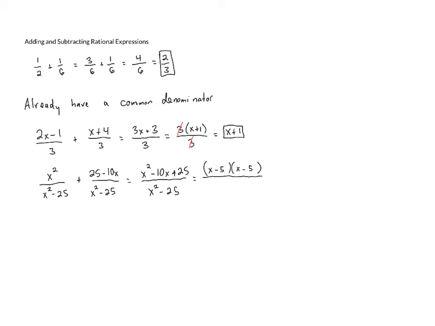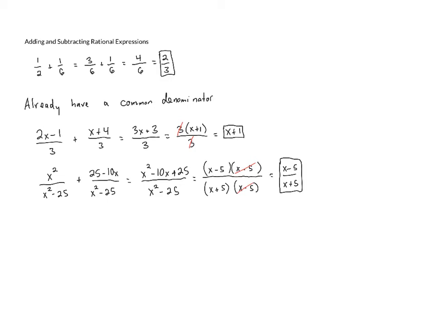Now in the denominator, this is a difference of squares, so we can factor it as x plus 5 times x minus 5. Now we do have a common factor in the top and bottom. We can cancel out an x minus 5, and when we do that, we're left with x minus 5 over x plus 5, which is our final answer.